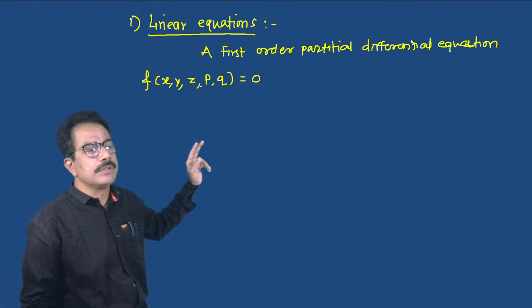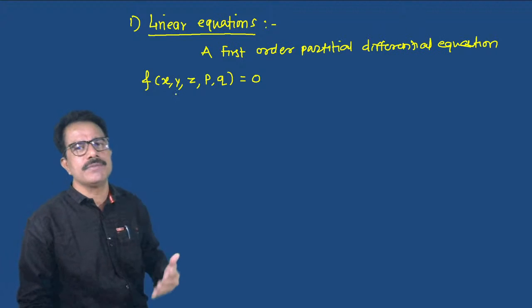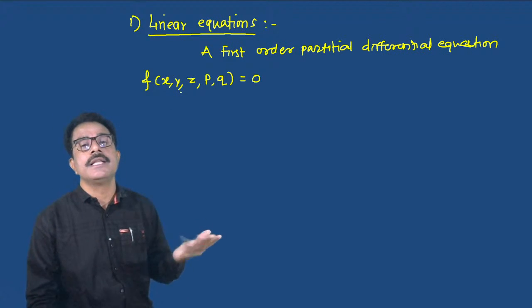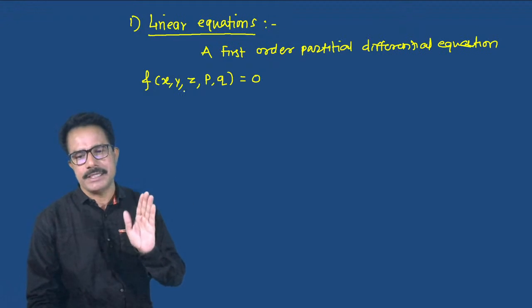P means dou Z by dou X, Q means dou Z by dou Y. An equation containing these terms is called a first order partial differential equation.